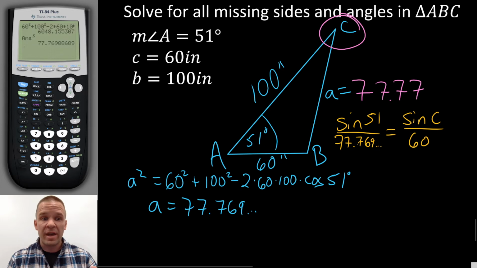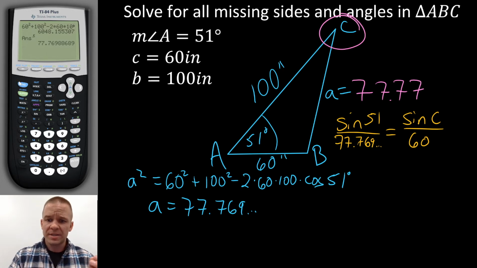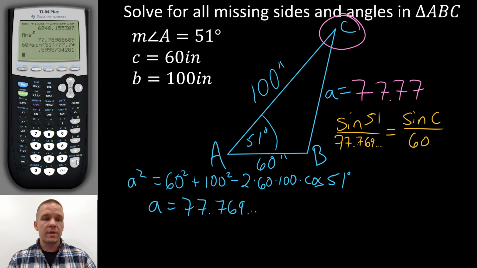So I'm going to do all of that in my calculator here. We've got 60 times the sine of 51 degrees. Lovely, beautiful, fantastic. And I'm going to divide that by 77.769. So I'll arrow up, copy that in, hit enter.